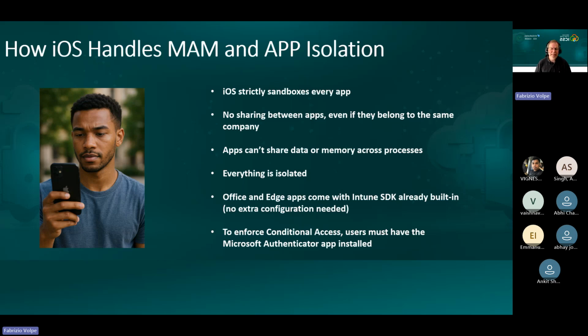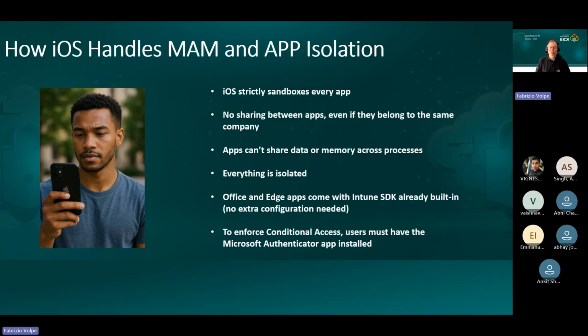If you're using standard Microsoft apps like the Office app or Edge, for example, iOS gives you already the version with the SDK built in, which means that actually you don't have to do anything, including installing additional software. Okay, they work, full stop. You can use MAM out of the box as long as somebody is using a corporate profile.